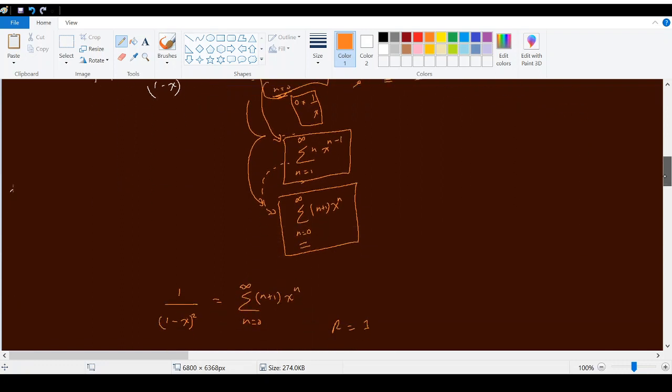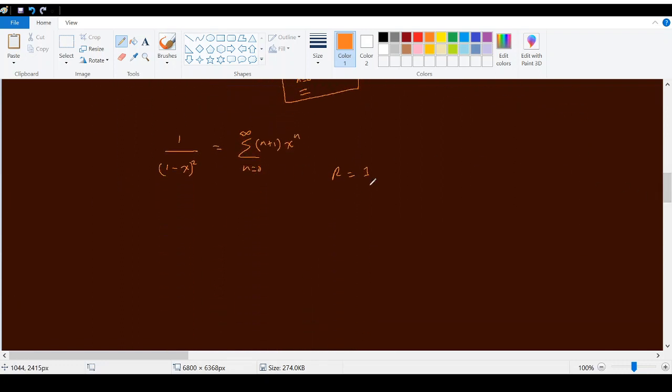But there's another thing, right? Although the radius is the same, we cannot guarantee that the new differentiated power series will also have the same interval, because when you say the interval, you can have open brackets and closed brackets as well, right?